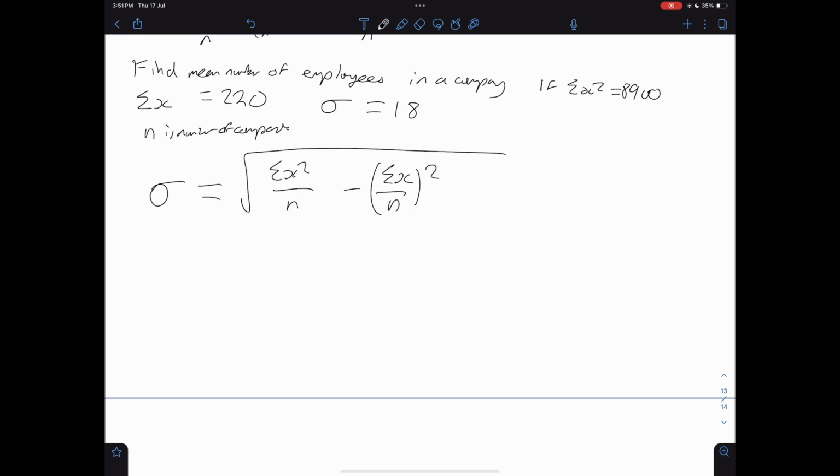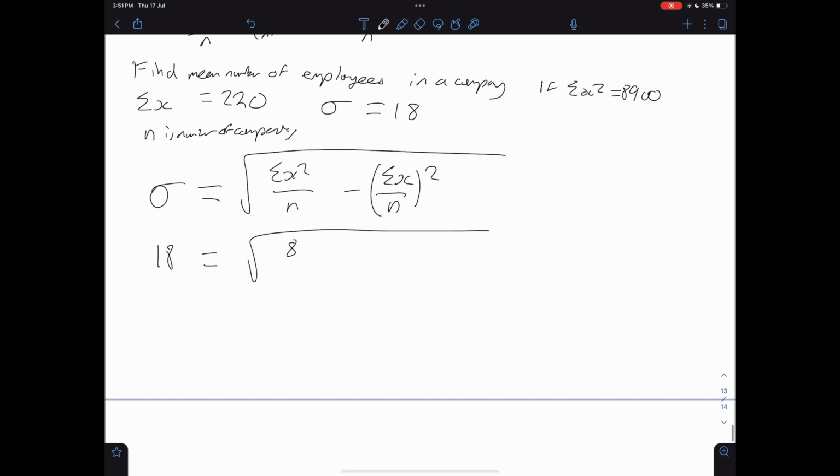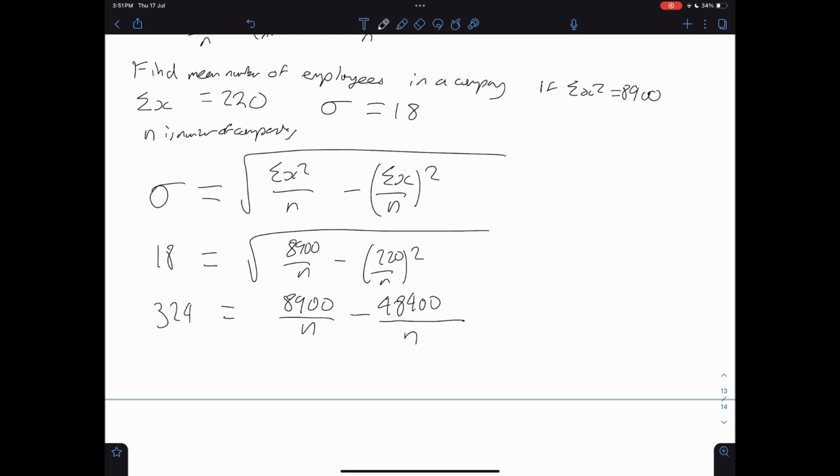We also don't know that. So we set 18 to equal the square root of 8,900 over n minus 220 over n squared, and we can square this. 8,900 over n minus, well, 220 over n, squared.